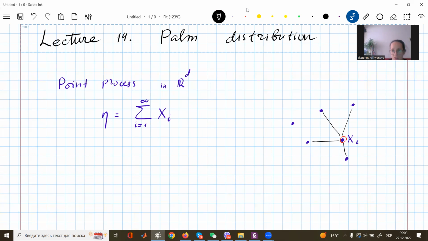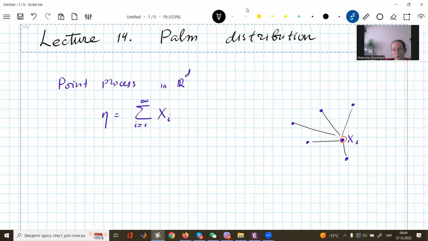So I am interested in the smallest distance from a fixed point to all points in our point process.